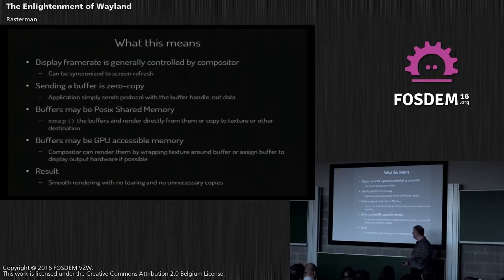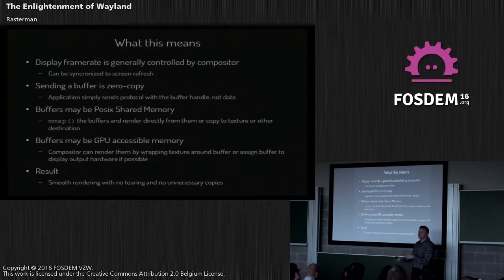GPU accessible memory is what your EGL layer will deal with. In order for hardware scan out to actually work, you will need to use DRM buffers, i.e. GPU accessible memory. There are a whole bunch of flags on this memory. Just because the GPU can access it doesn't necessarily mean the scan out can access it. There is some older hardware, for example, where only the first 16 megabytes of memory can be read by the hardware scan out.